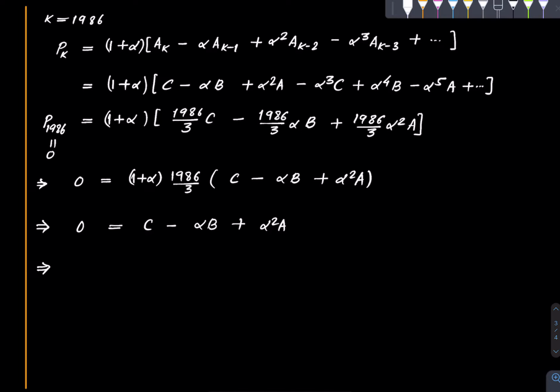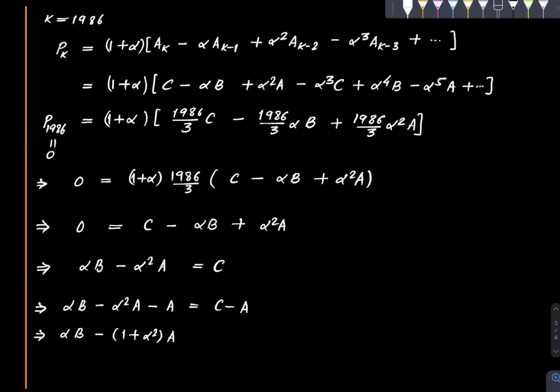Here is the argument. So what you do is you have minus a equals, okay, so let me write it this way. So this is alpha b minus alpha squared a equals c. All right, which implies alpha b minus alpha square a minus a equals c minus a, which is alpha b minus 1 plus alpha square a equals c minus a.